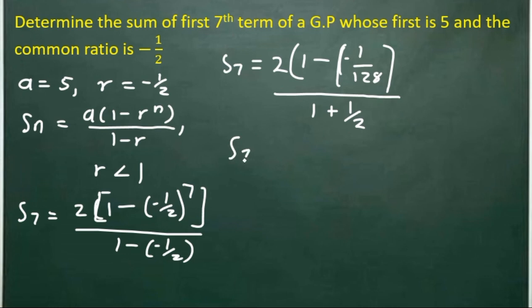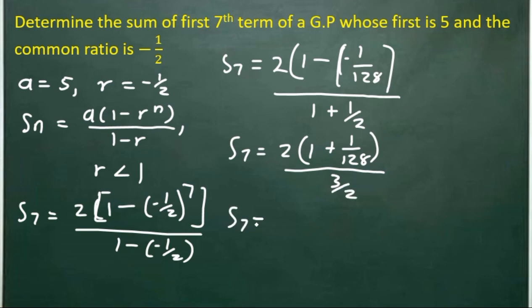So if you go ahead to sum this, it's going to give us 1 plus 1 over 128, minus minus gives positive, and this will be all divided by 3 over 2. So we can rewrite this expression as the first term over 1.